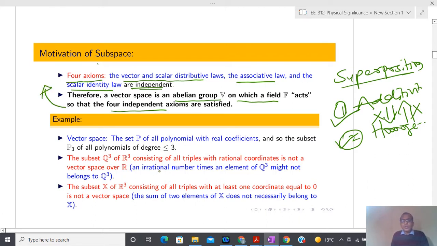Let us try to see some examples and counter examples of the vector space. Whenever you are trying to understand something, you should also select some kind of counter example. A counter example means I have taken some definition, we show that the property I have stated is satisfied by this group, and I also have to find out where this definition is not valid.